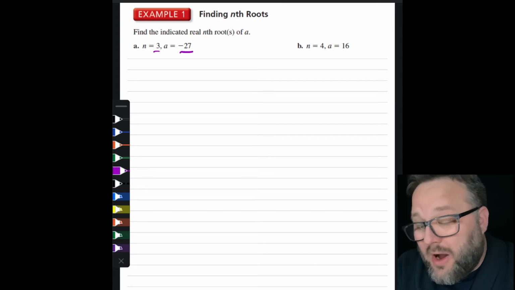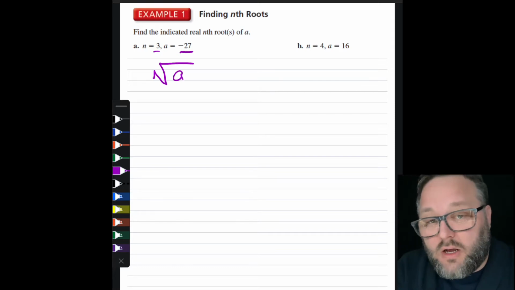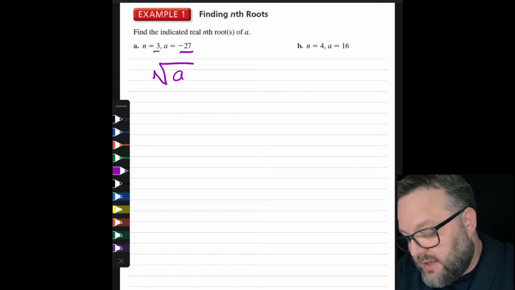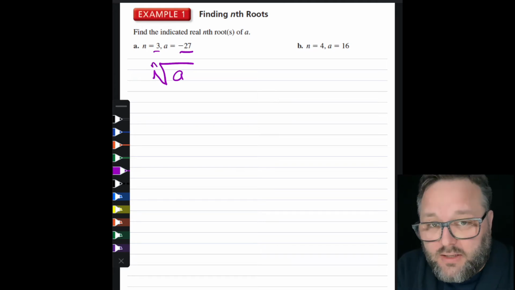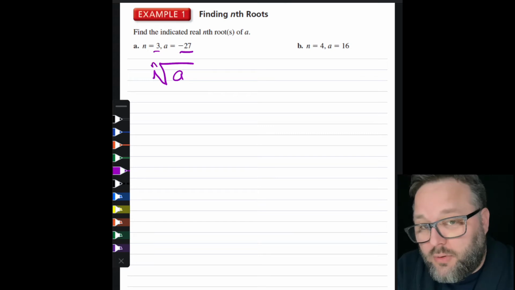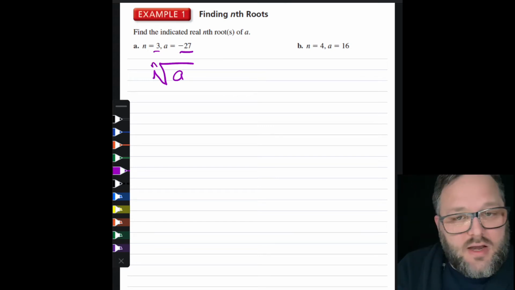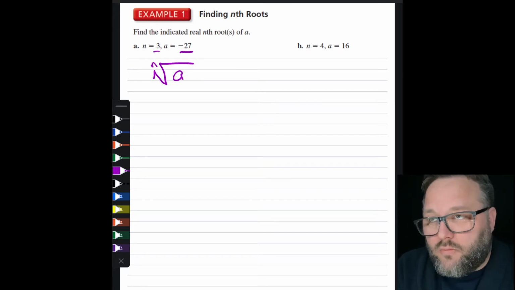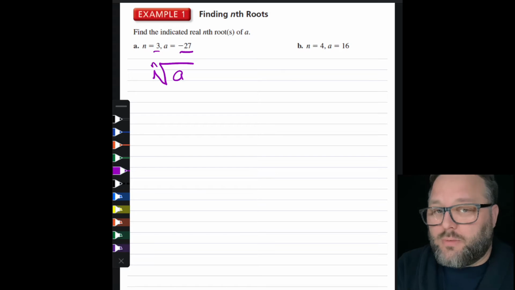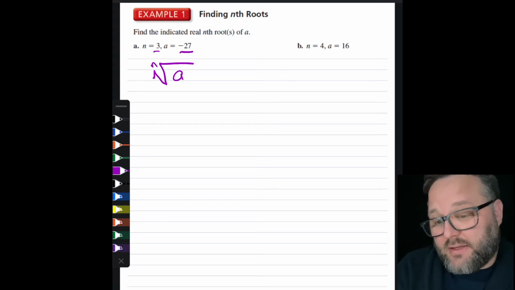So how I write this is I'm going to start here, and a goes under the radical, and n becomes the root that we're finding. Notice the n is attached to the radical sign, not the a, or the radicand. It's very important. Remember, back with exponents, the exponent belongs to the base. Here it looks like a is the base, and that's fine.